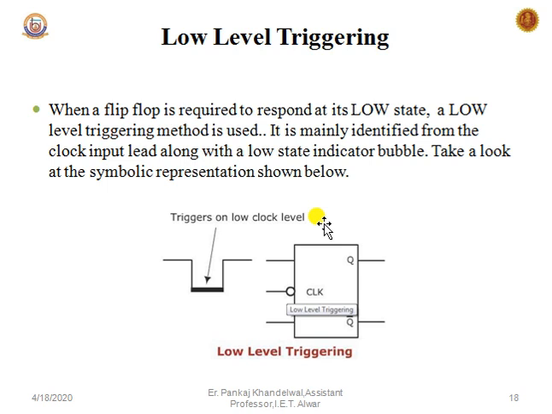Take a look at the symbolic representation shown below. It means when the clock goes from 1 to 0, the state of the flip-flop changes. This is called low level triggering. There is a NOT gate sign presented there, which means this is for low level triggering.